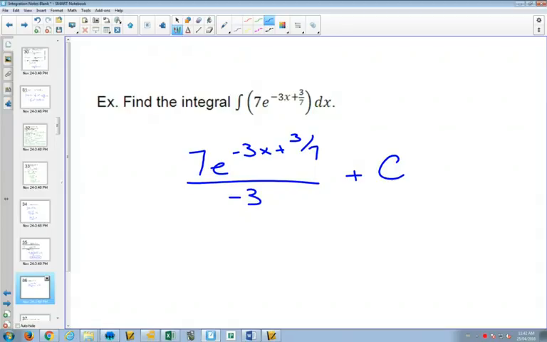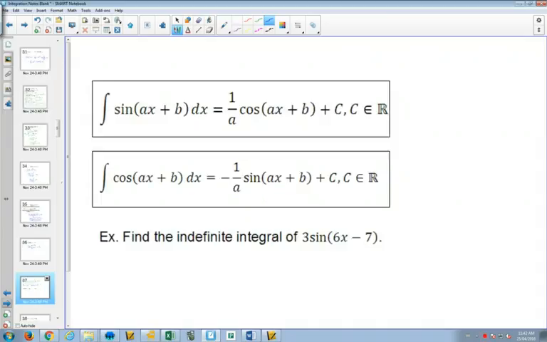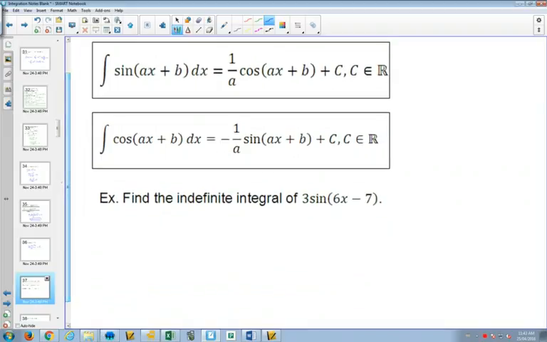And if you turn the page, the last two examples are the same things with sine and cos. Hard part you're going to have to remember is this one where I'm going to have to use a negative.